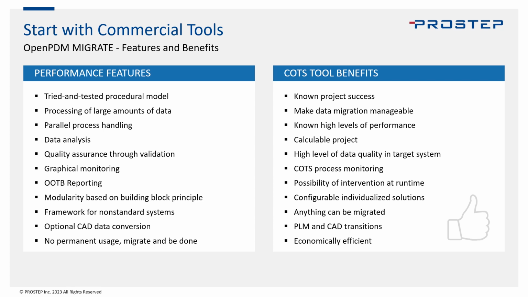Also with the commercial off-the-shelf tool, you have something that's known to be successful, and you have a known commodity to performance, to what the expectation of a migration might look like, and you can easily then leverage that in order to be able to calculate project durations, make sure you have the right architecture and process procedures, things like that.